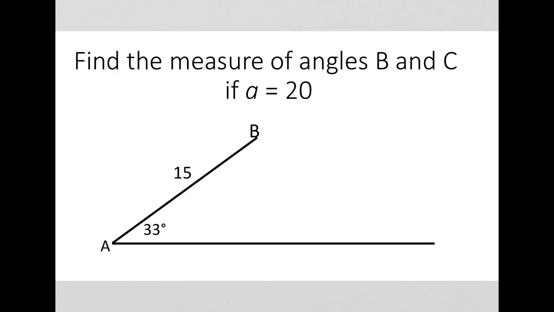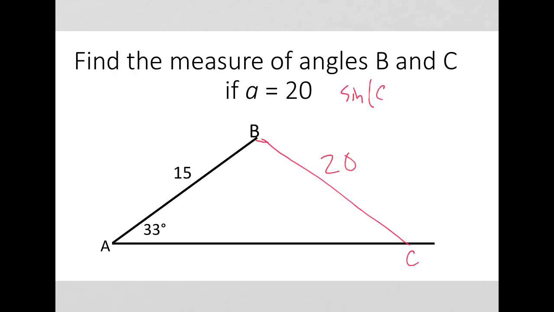Imagine if A equaled 20. Well, A is going to be equaling 20, coming out like that. We want to find the measure of angles B and C. Well, if we do that, then we could set up a proportion. I couldn't use the sine of angle B because I don't have opposites there.